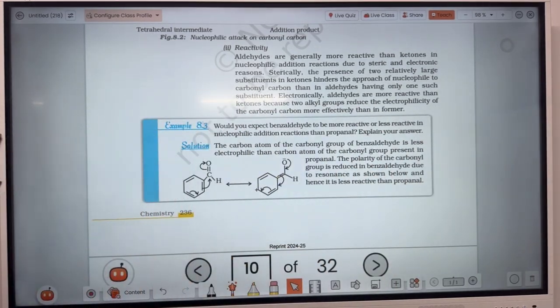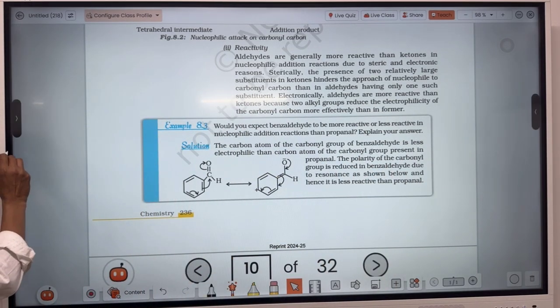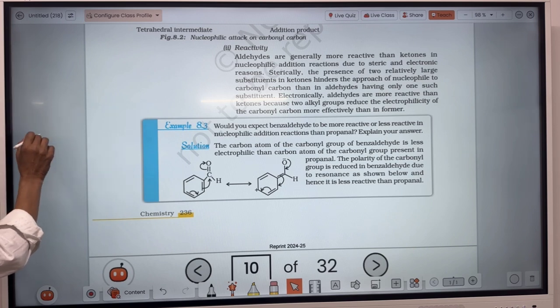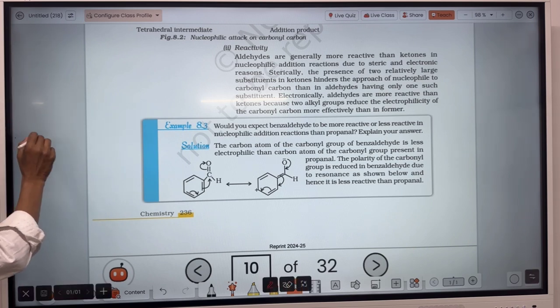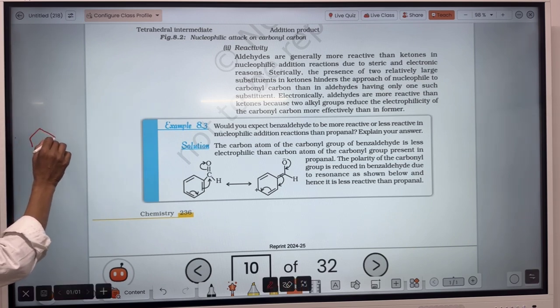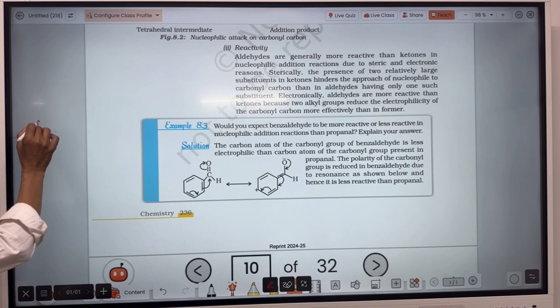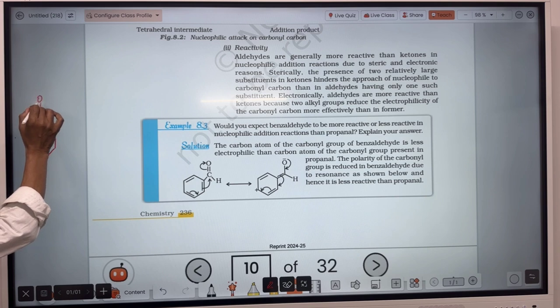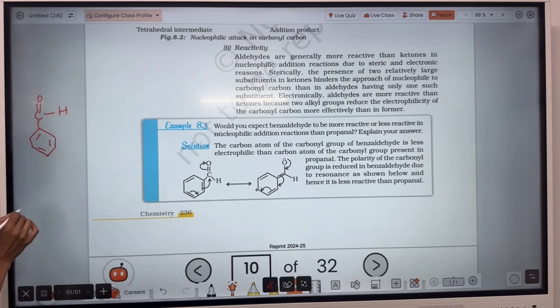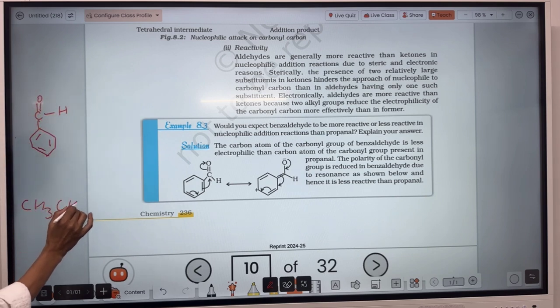So let's see here. Draw the structure of benzaldehyde, and compare the polarity in benzaldehyde and in propanal.